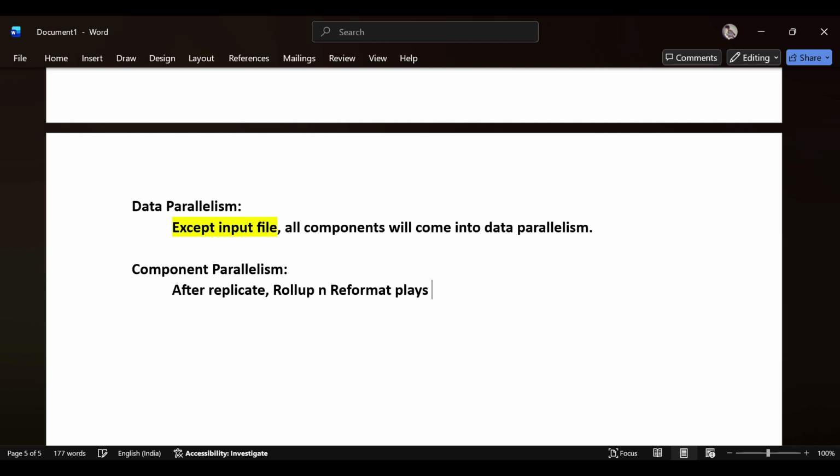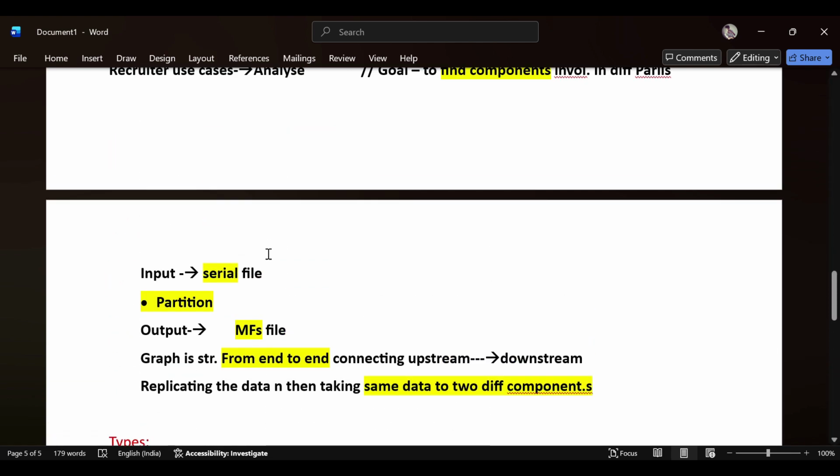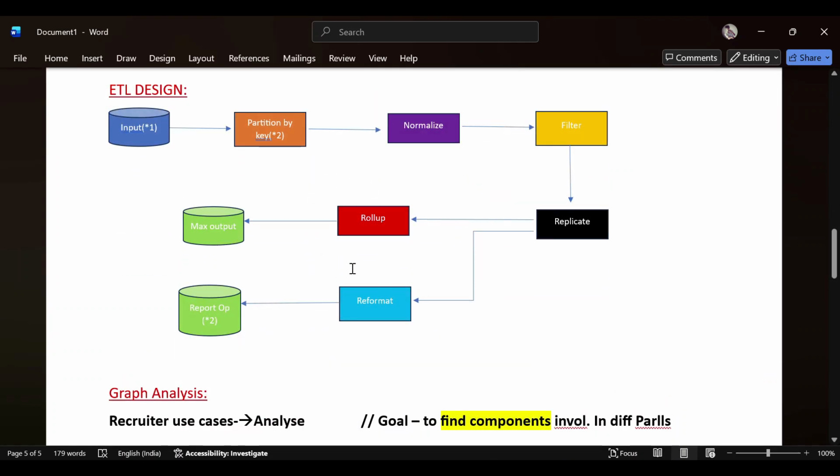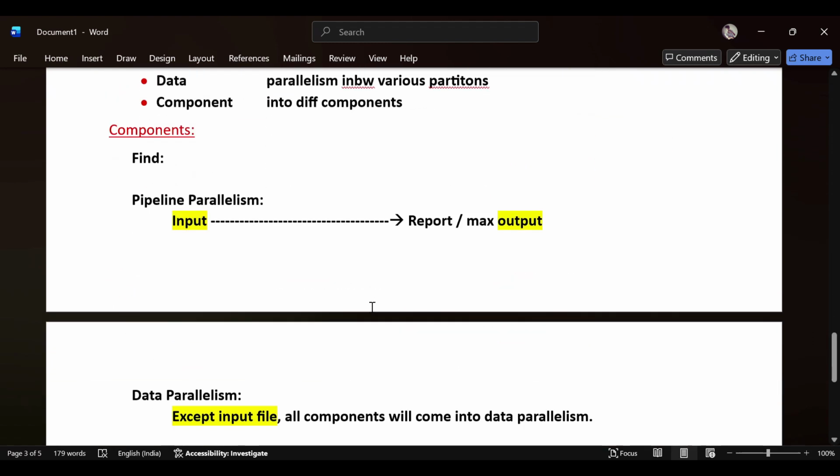This plays an important role in component parallelism. Before that, the same data is going inside, then various operations are happening here and it flows outside. So it's the same data into different components.